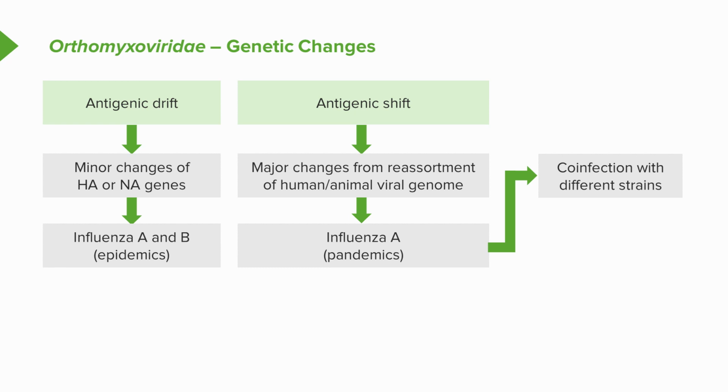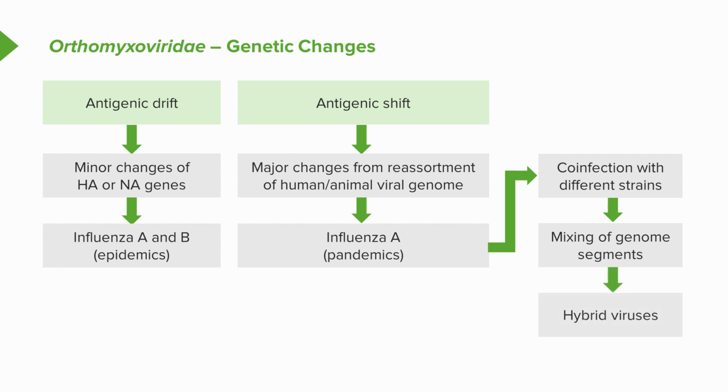And when that occurs, that further allows mixing of genome segments to occur, not just in humans, who are thankfully inefficient mixing pots, but in other animals. Again, the pig is an ideal mixing pot for such rearrangements to occur. So that means that hybrid viruses can continue to occur in the setting of a pandemic. Basically, a whole lot of influenza, which all of us are susceptible to.